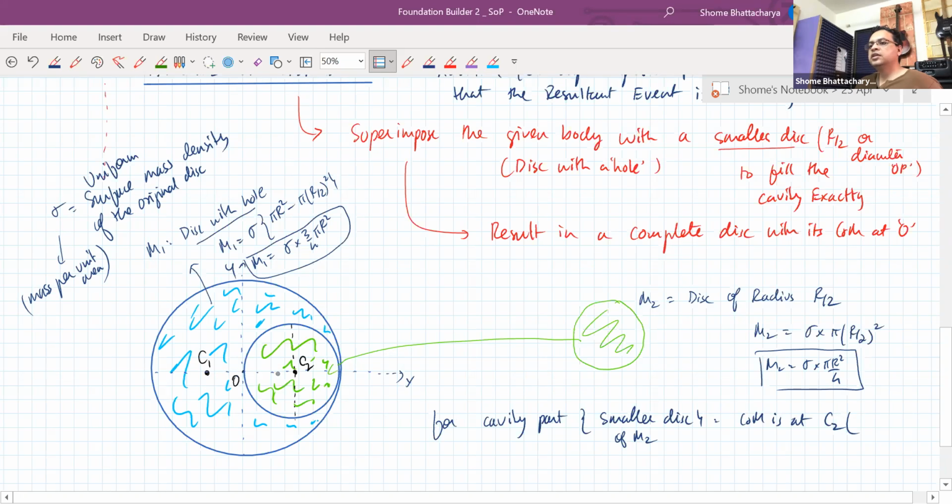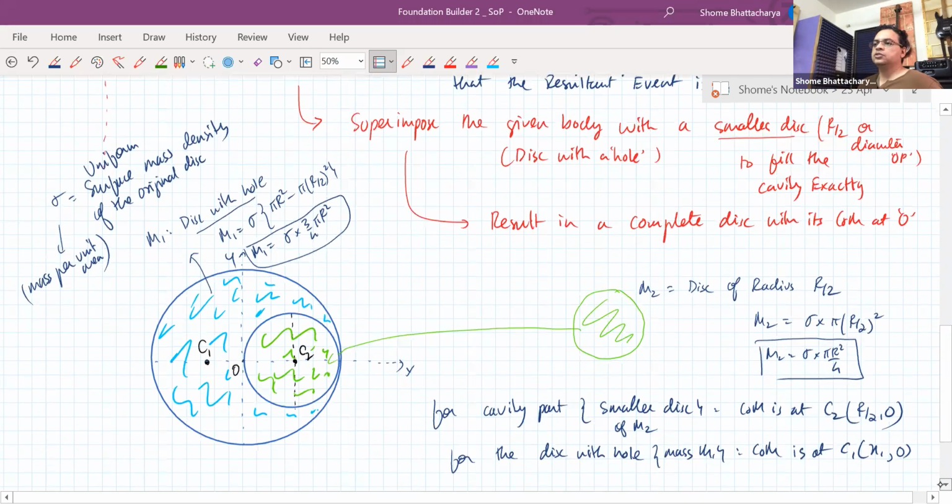It will be exactly r by 2 on the x-axis, comma 0. Whereas for the disk with the hole, that is the mass M1, the center of mass is at some unknown position. So it is at C1, whose x coordinate I don't know. I just know that it's some negative value, but its value I don't know. Okay, so these two are making sense.